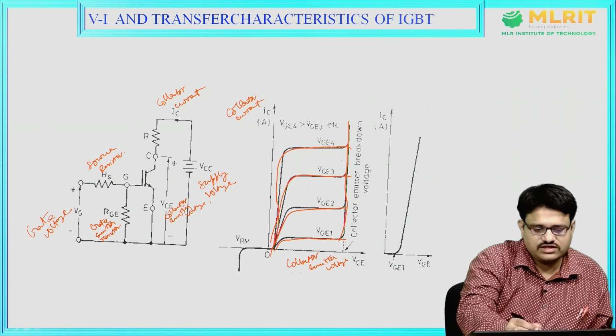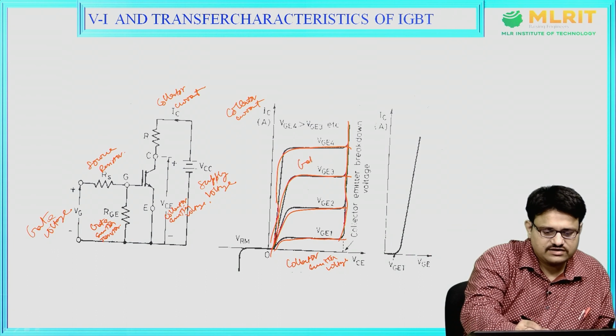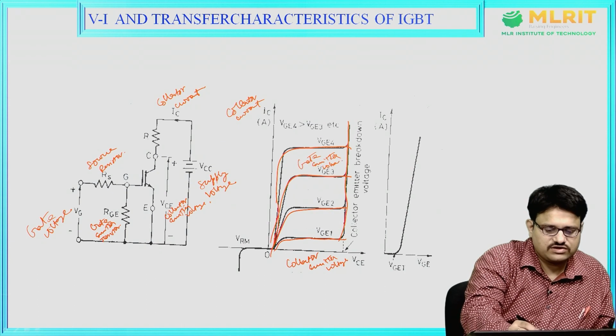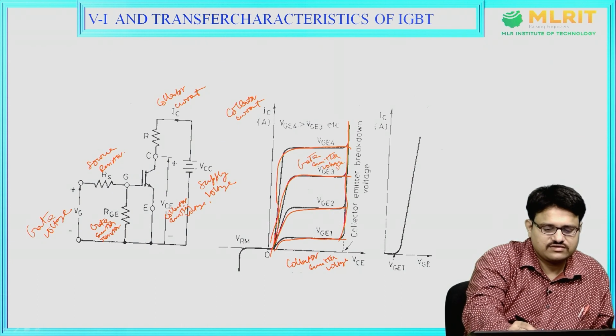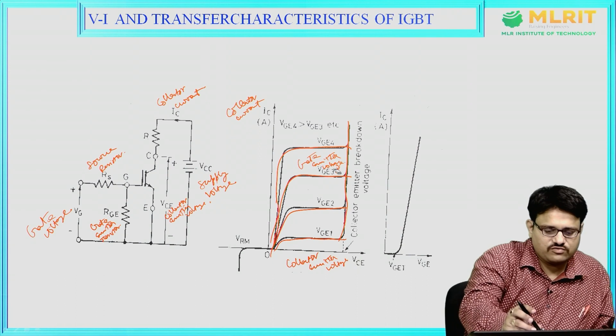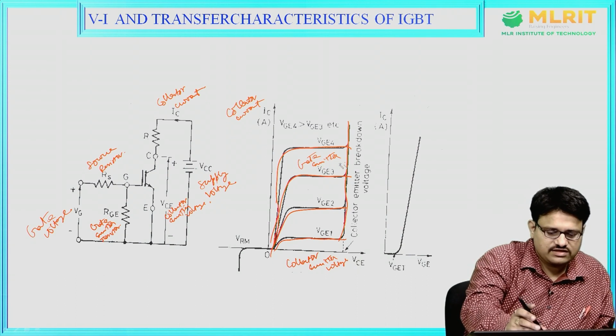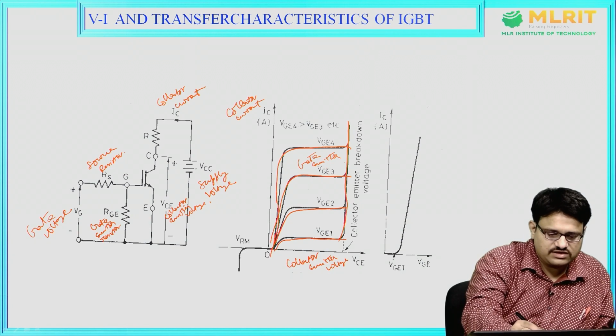So as we see here, the gate emitter voltage keeps on increasing as VCE is increasing.